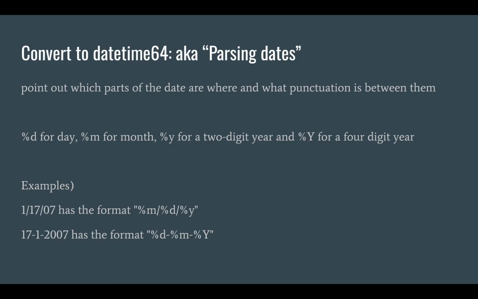If you have looked at Excel date formats, there are a lot of possible parts of a date, but the most common are percent %d for day, percent %m for month, percent %y for a 2-digit year, and percent capital Y for a 4-digit year. So there's an example.